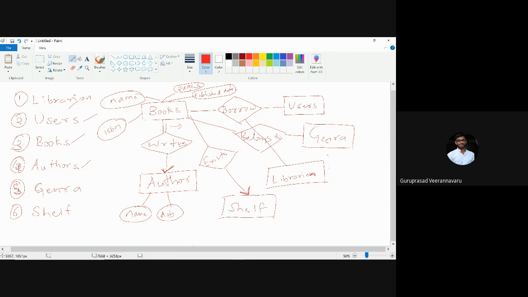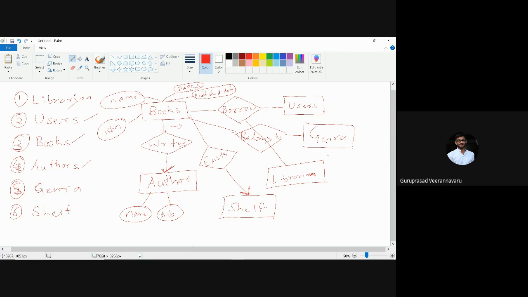Correct. So again it's a one-to-one mapping basically, saying one book belongs to one genre. Let's assume one book only belongs to one genre. So how will we map it?